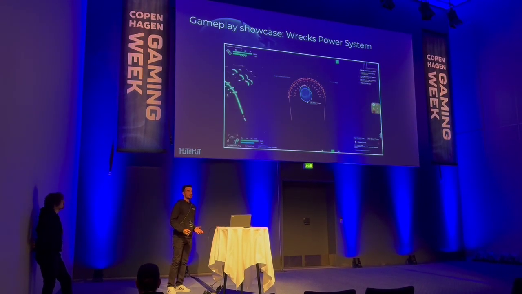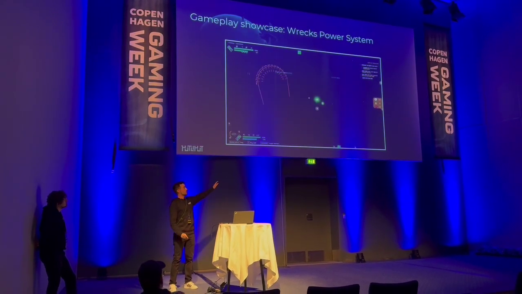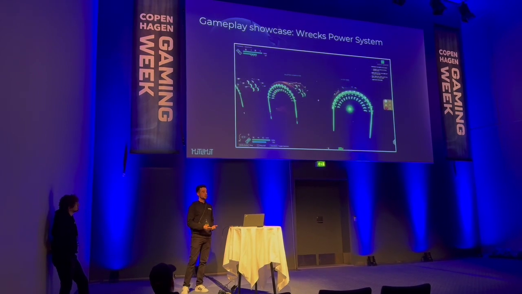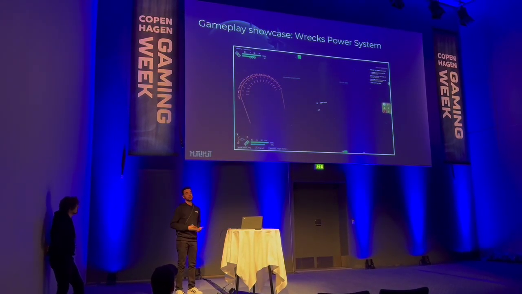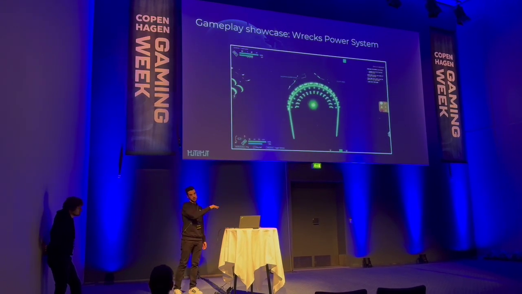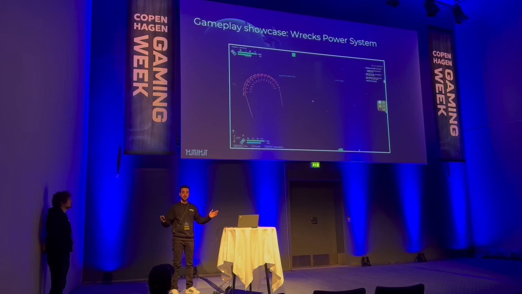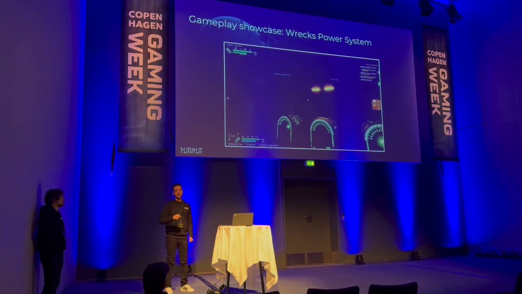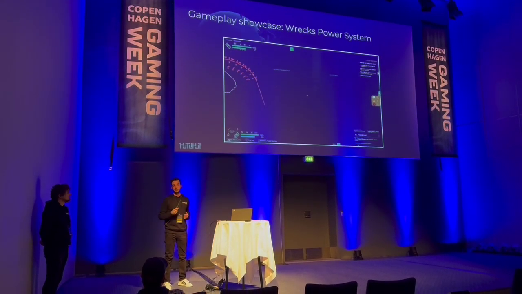However, the power system, and again, let's only remember one system, it doesn't stop in the player ship. Throughout our game, the universe is populated by space stations, what we call wrecks, and they can also feature a power system inside of it. So imagine how you visit a station that is completely dark, and you can just go in there and actually turn on the lights, turn on the doors, make everything come to life, basically.